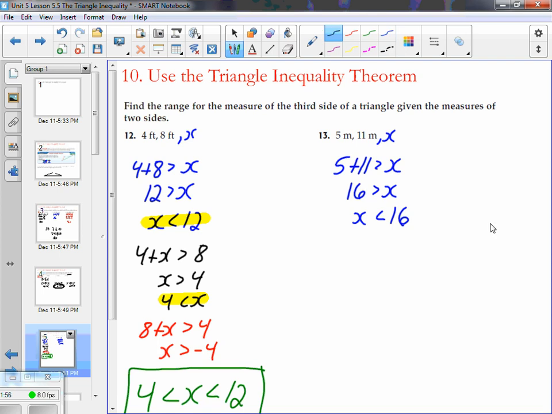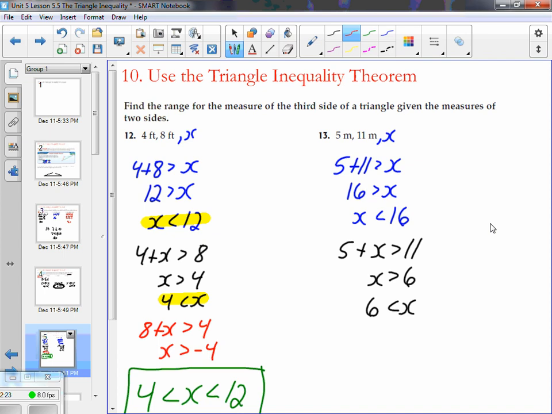We also know that 5 plus x is greater than 11. When we solve this one by subtracting 5 from both sides, we get x is greater than 6. We learn from the one we just did, and we think, oh, we want less thans. 6 is less than x.